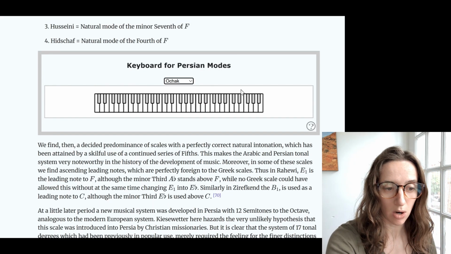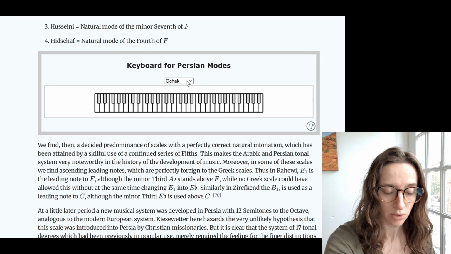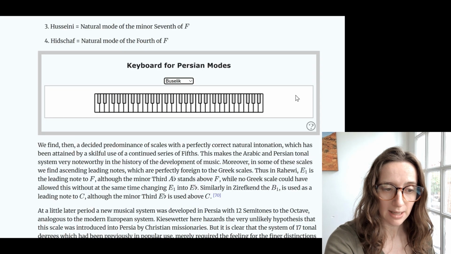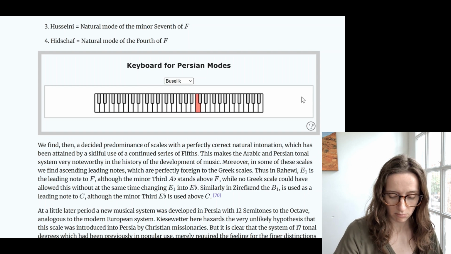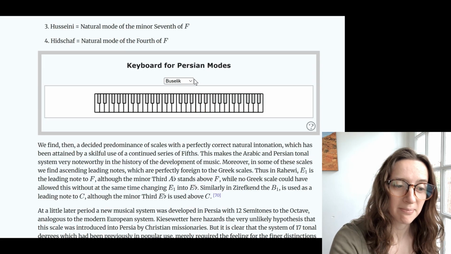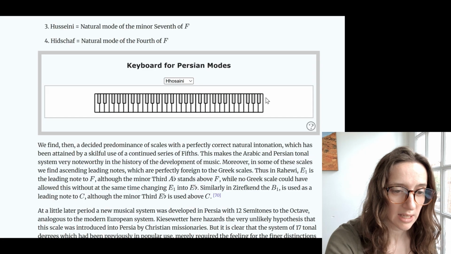That's analogous to our Pythagorean major scale. Let's try Buselic. Husseini.